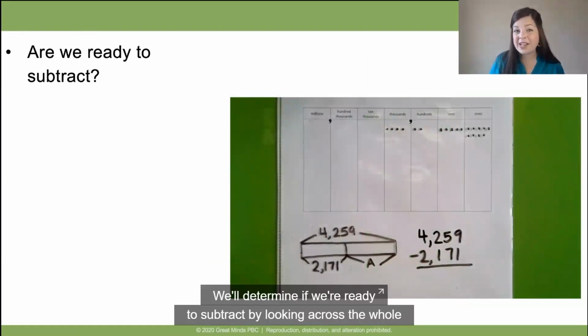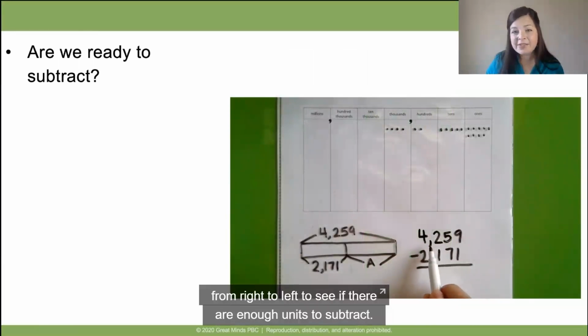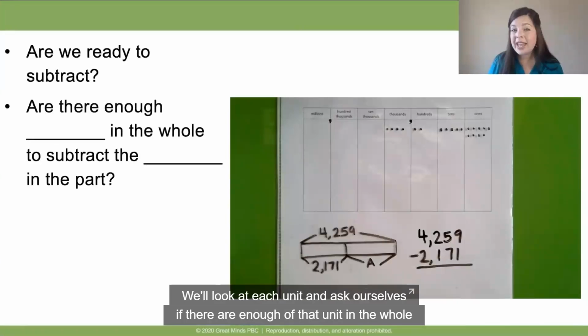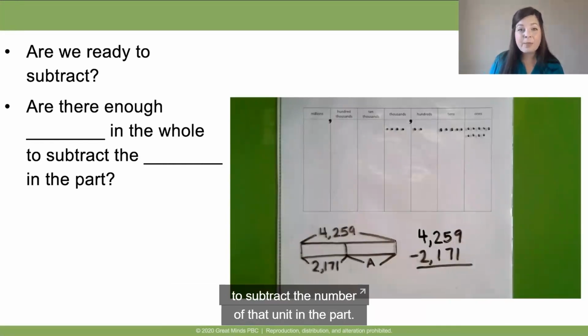We'll determine if we're ready to subtract by looking across the whole from right to left to see if there are enough units to subtract. Here's the next question we'll ask ourselves. We'll look at each unit and ask ourselves if there are enough of that unit in the whole to subtract the number of that unit in the part.